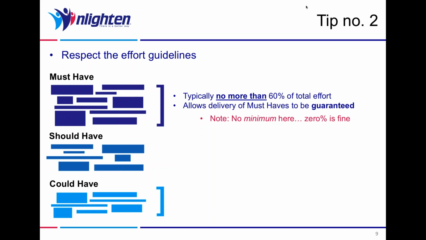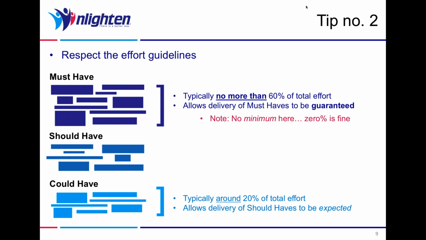So arguably, nothing we're about to do is a must-have. All we need to do is to work out what the most valuable things are and to deliver those. Yeah? So having 0% must-haves is fine. So it's definitely not the case that we have to aim for 60% effort in our must-have requirements. Definitely not.